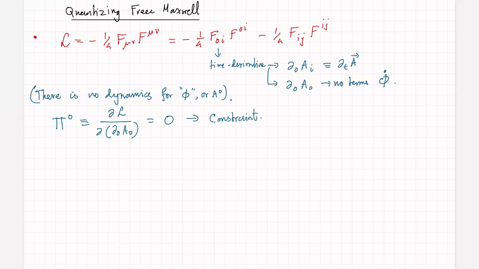This essentially implies that if you naively construct a phase space, with 4 components of A and 4 conjugate momenta corresponding to those A's, you get a phase space with 8 directions. That phase space is too large, because your Lagrangian or Hamiltonian does not live on that 8-dimensional phase space. It lives in a smaller-dimensional phase space, because this pi 0 is always going to be 0, and so on and so forth.